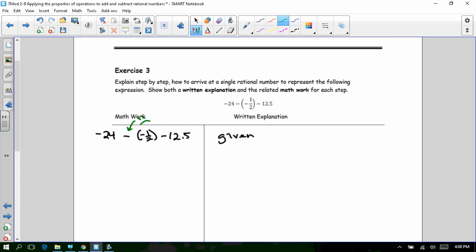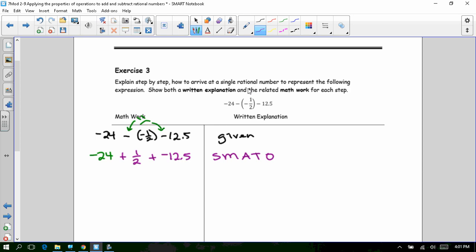Remember, subtraction means add the opposite. So I have negative 24 plus a positive 1/2 plus a negative 12.5, right? SMATO. Subtraction means add the opposite.